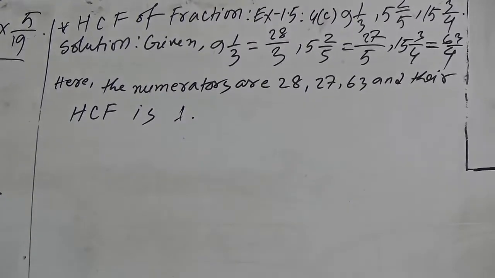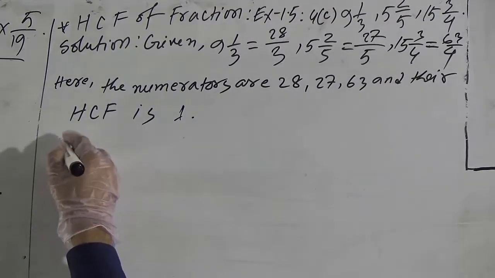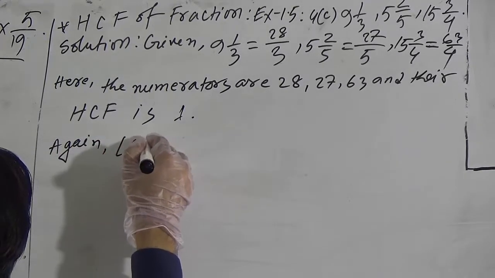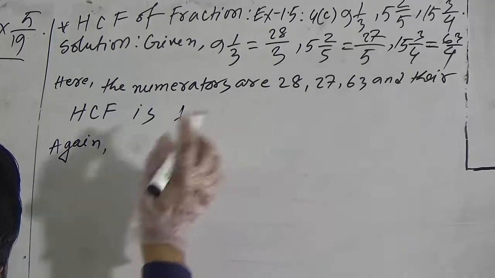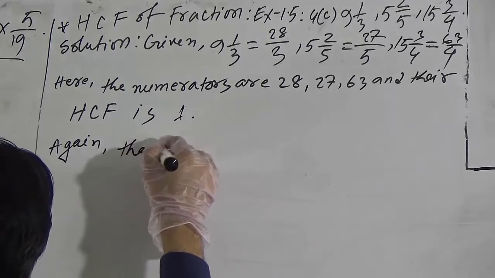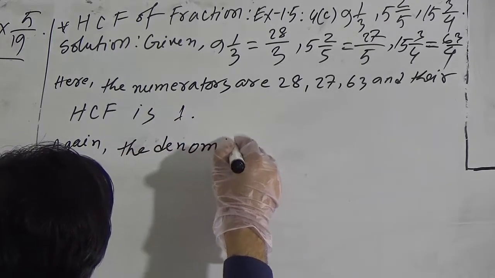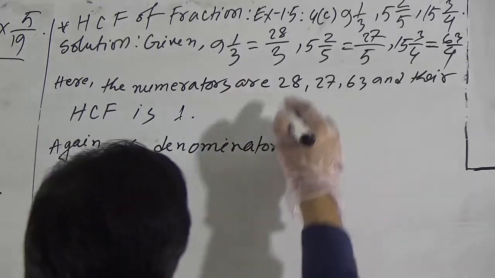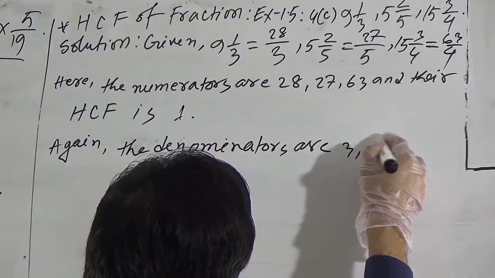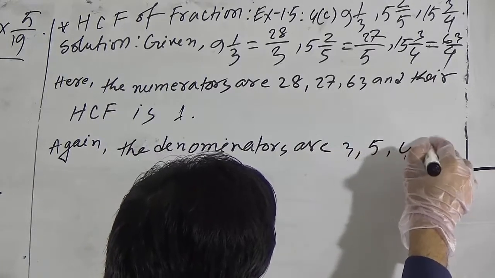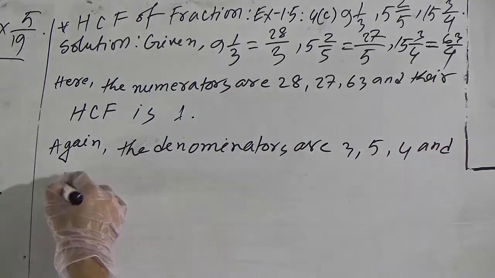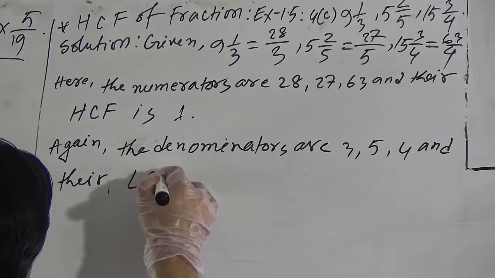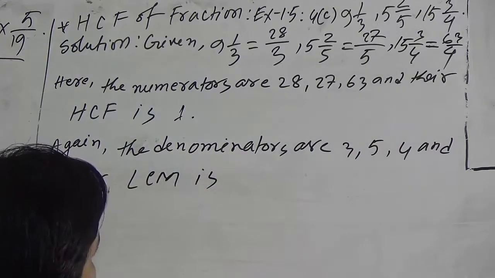So we can write again the LCM. The denominators here are 3, 5, 4 and what will be their LCM?